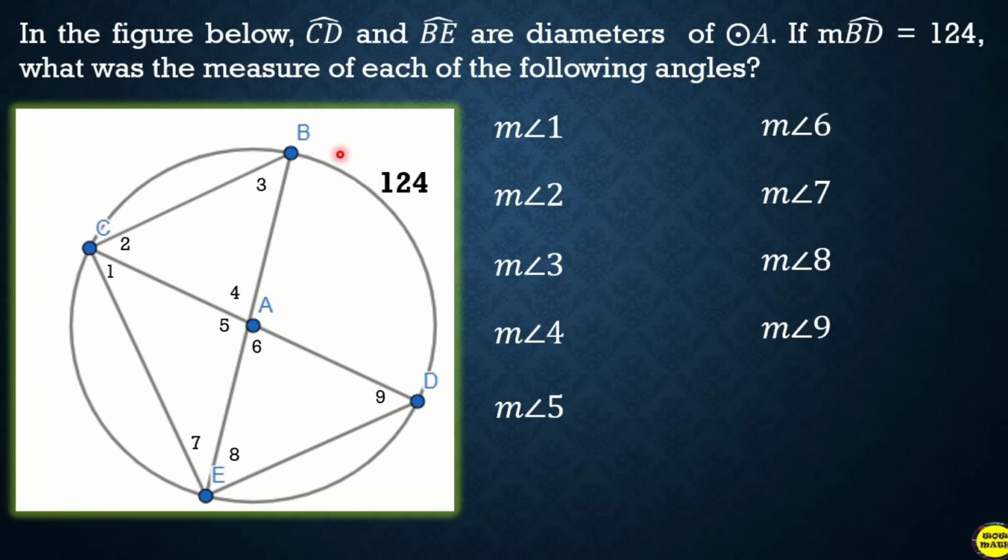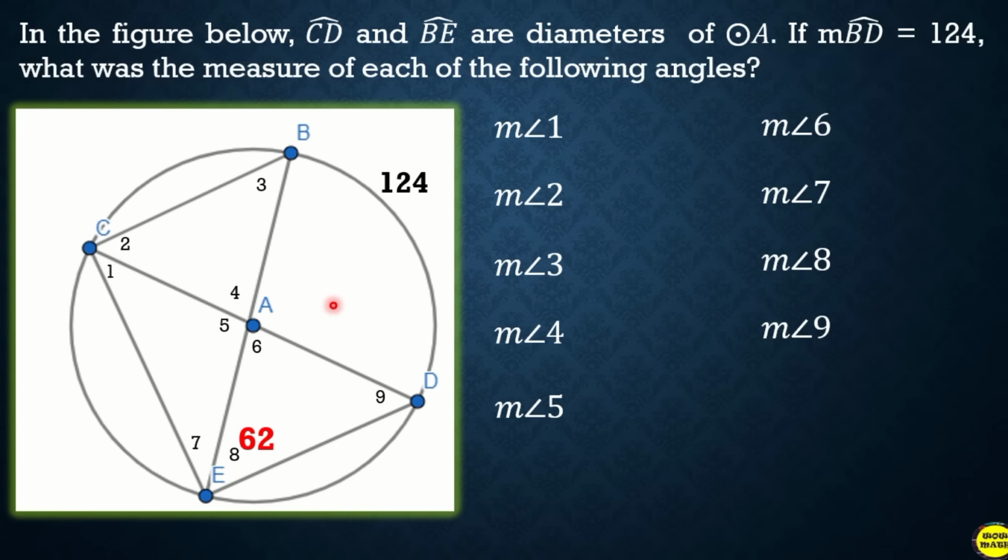Since yung arc BD ay intercepted arc nung inscribed angle natin na BED, so, inscribed angle yan. Then, ito yung intercepted arc niya, yung BD. So, therefore, ang sukat ni angle 8 ay kalahati ng 124. So, therefore, angle 8 is 62. The measure of angle 8 is 62.